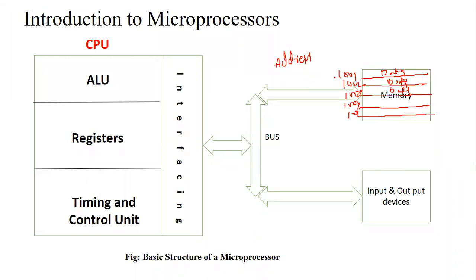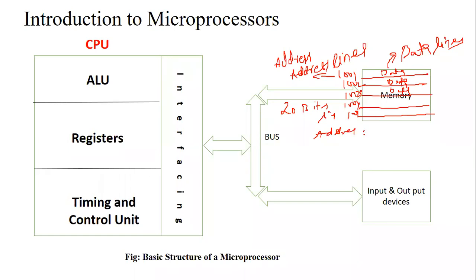So how to identify these addresses? These addresses are identified by the address lines, to which they are connected. How do we take this data? This data is taken by the data lines. So these 20 bit lines serve as address and data lines.